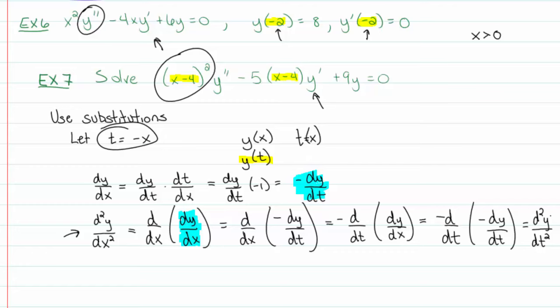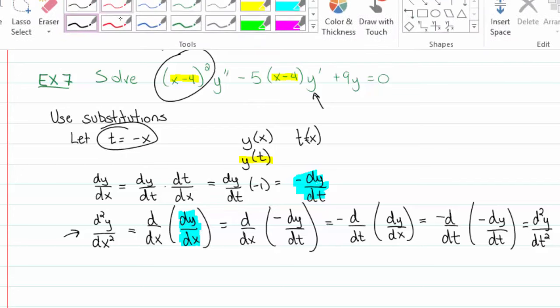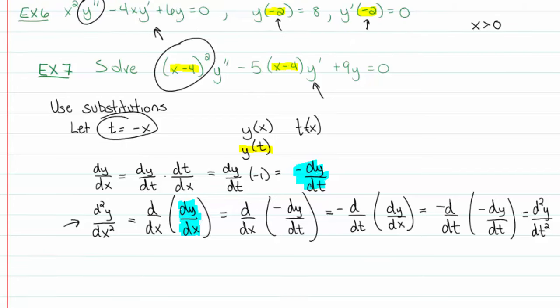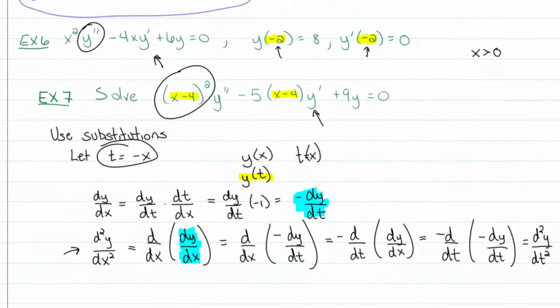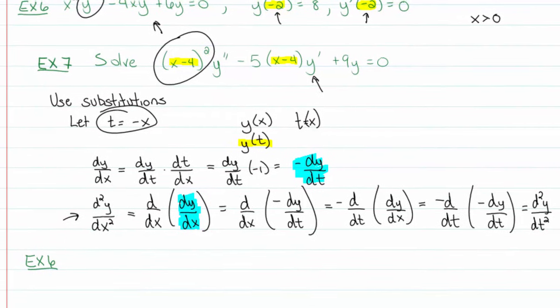So if you start with an example like 6, where your initial conditions are negative, you can do a substitution like this. Your example 6 becomes slightly different.